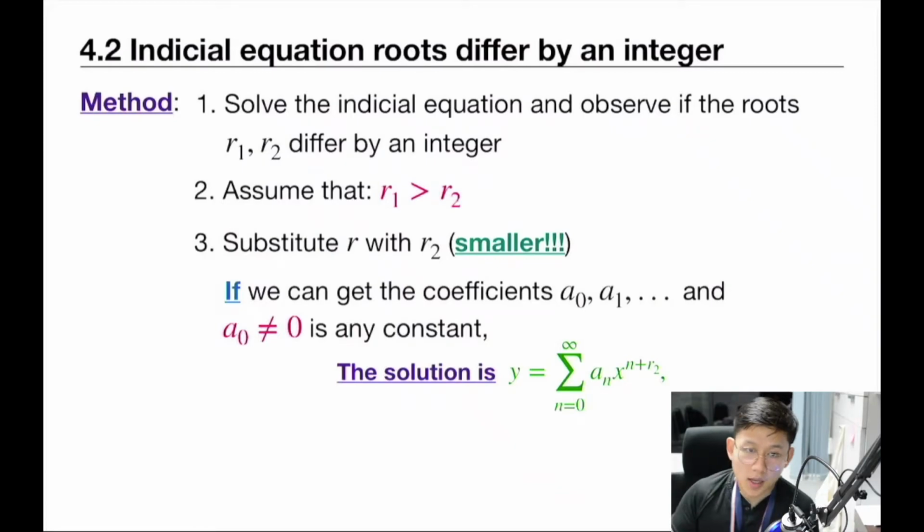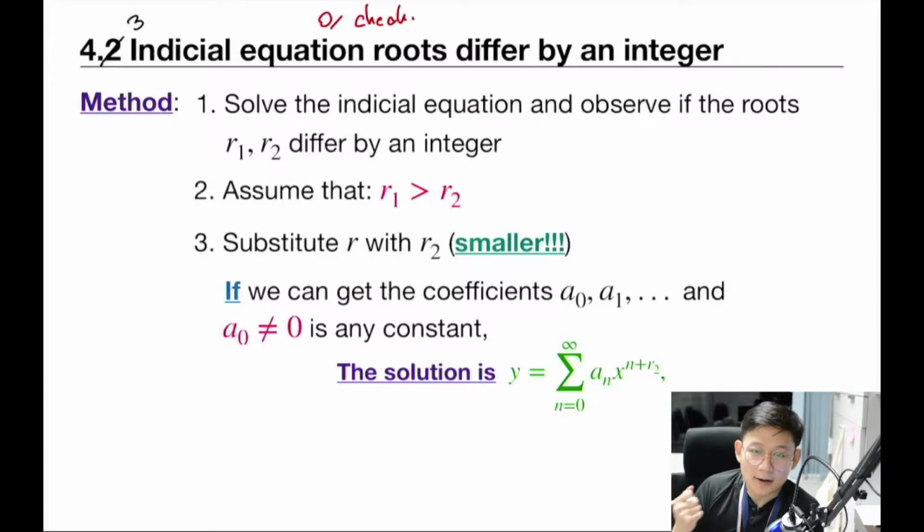So the method: first we go through all the same things. Sorry guys, this is 4.3. First we have the zero step, which is to check whether or not the point is a regular singular point, and you know how to check that.